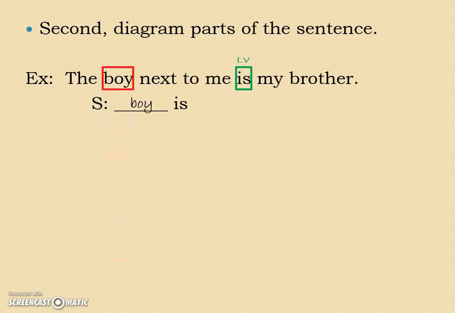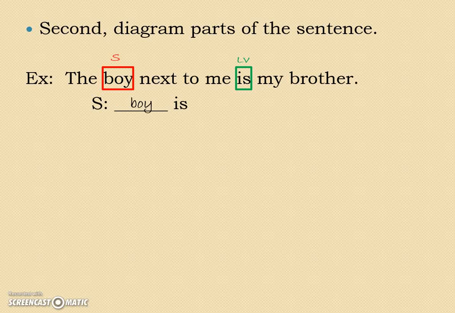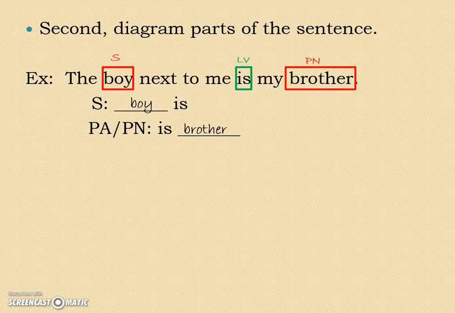Since boy is a noun, we will box it in red and label it S as its function. With a linking verb, we are looking for predicate adjectives or predicate nominatives by asking the question, is whom or what? Well, in this sentence, the answer is brother. And brother is a noun, so we will label it predicate nominative since it is a noun.